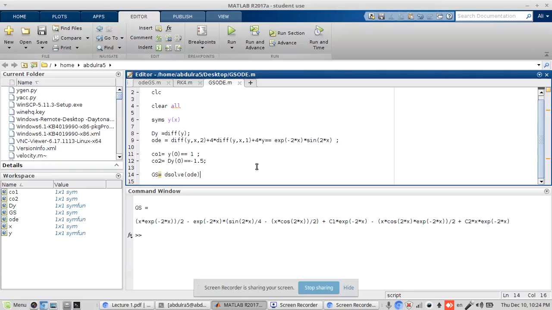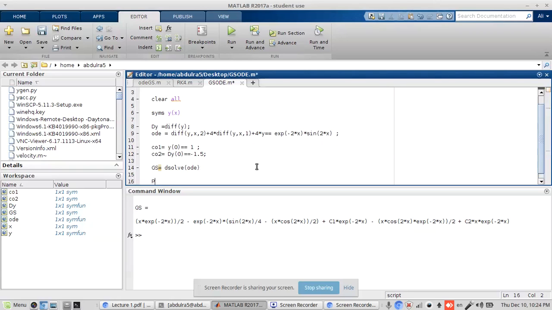In order to find a particular solution, well, just input the initial conditions. So ODE plus the conditions. Here I have two conditions, so let me combine them by this command, conditions, and doing vector, condition 1, condition 2.